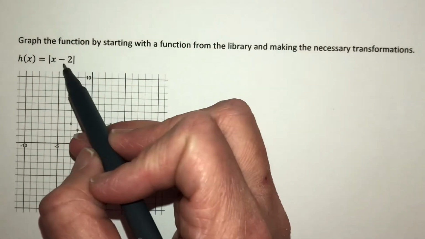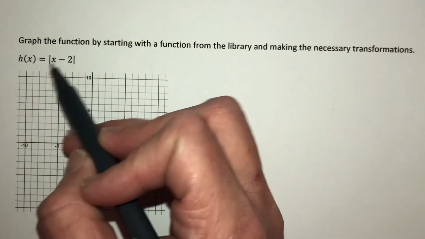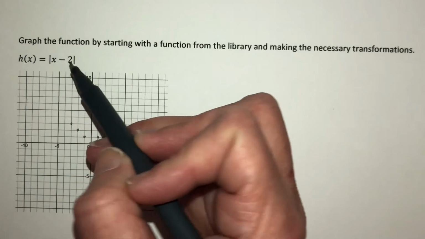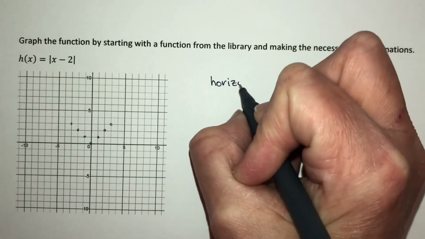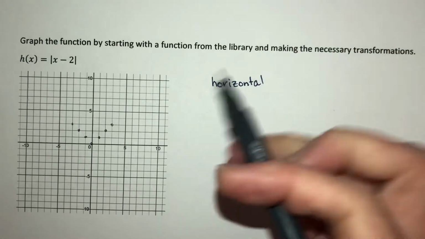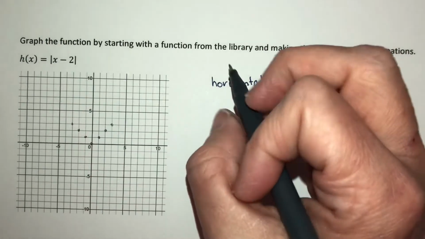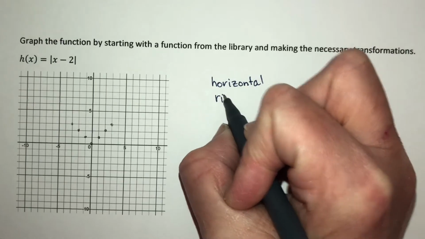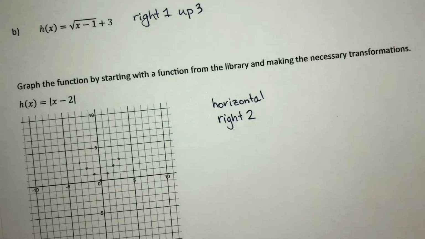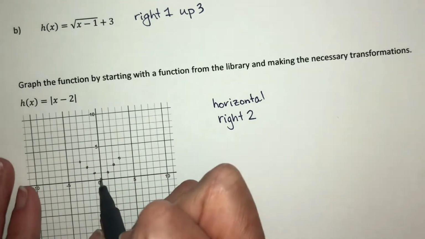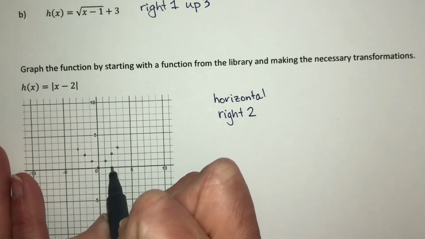Now I need to look right here. I have a minus 2 and it is inside of my graph. So this is a horizontal movement. This says minus 2, so I'm going right 2 units. So I take this point and move it right 2.